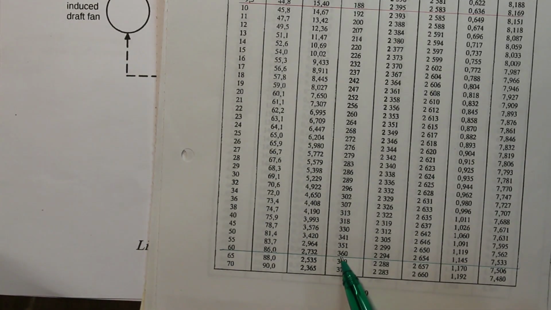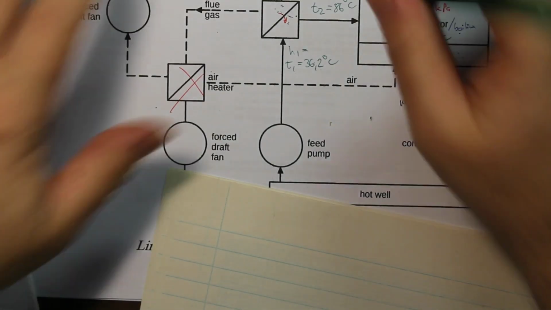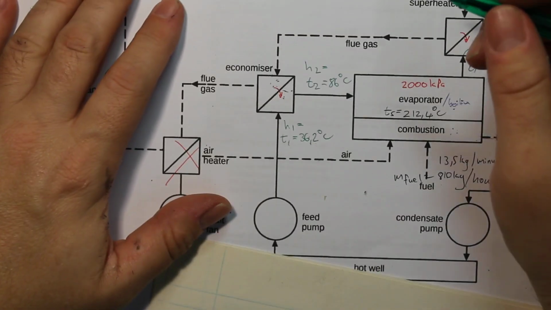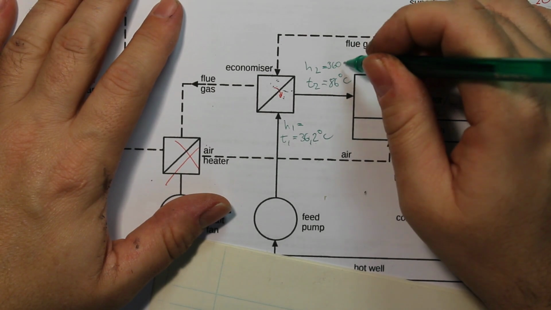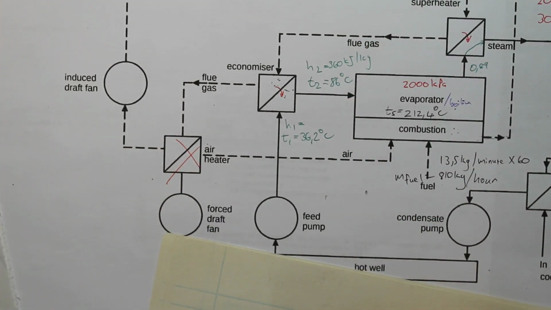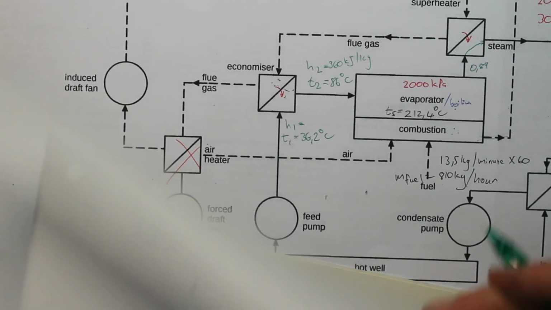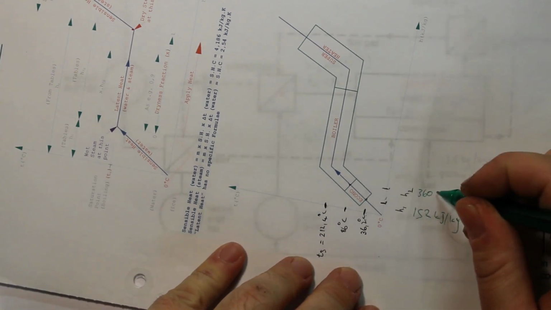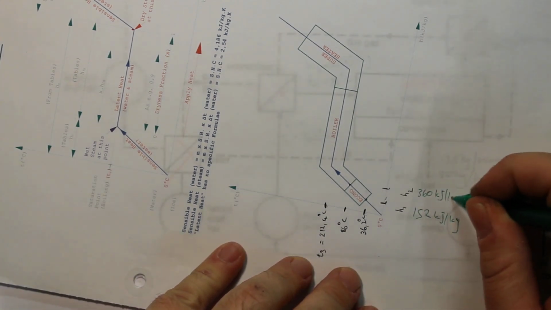So we read off the HF value, and HF is 360 kilojoules per kilogram. So our H2 is 360 kilojoules per kilogram. Then we fill that in on our TH diagram as well. So you can see there.